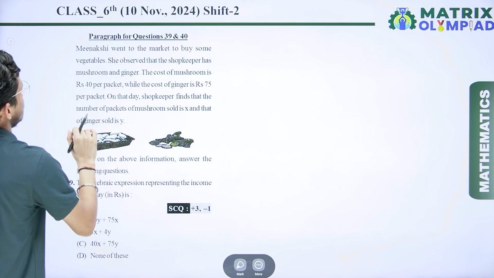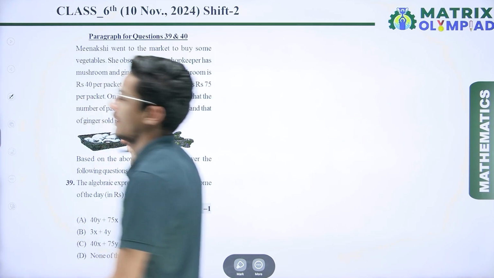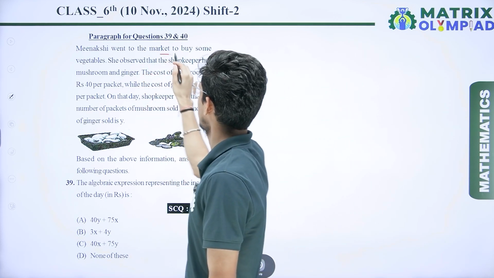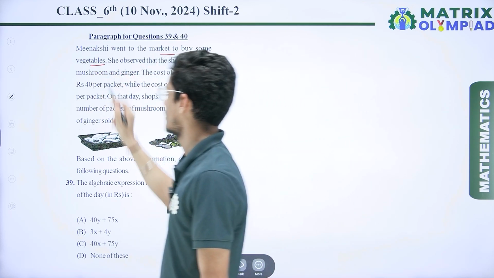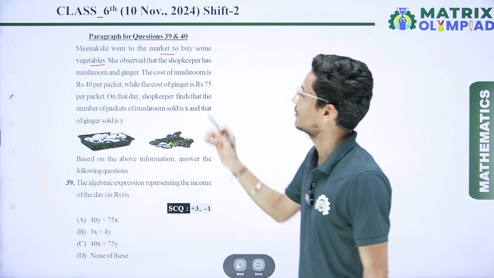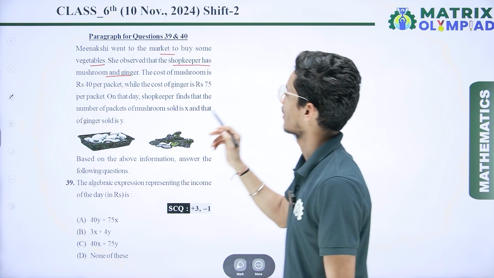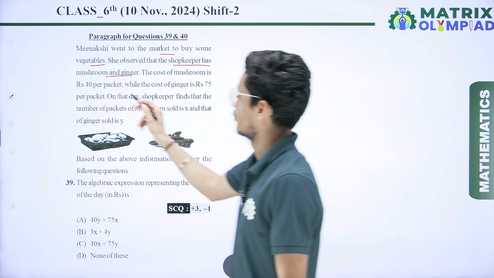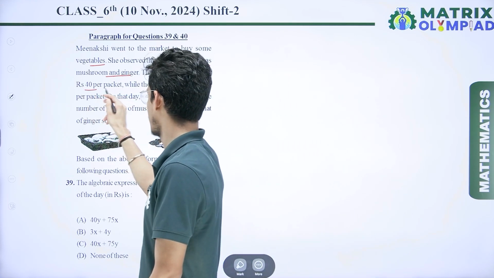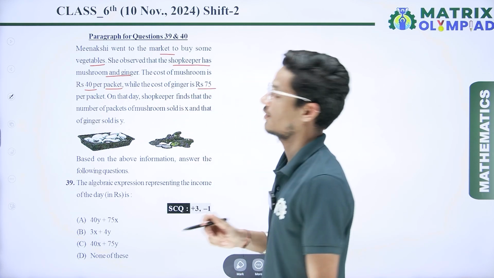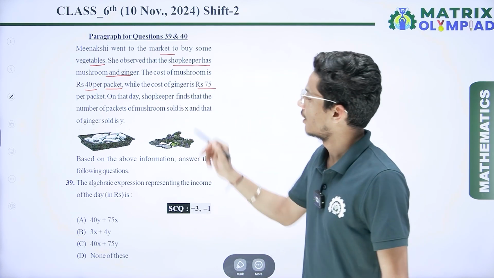Next question is based on a paragraph, and here we have been given a paragraph. The paragraph is: Meenakshi went to the market to buy some vegetables. She observed that the shopkeeper has mushroom and ginger. The cost of mushroom is rupees 40 per packet, while the cost of ginger is rupees 75 per packet.